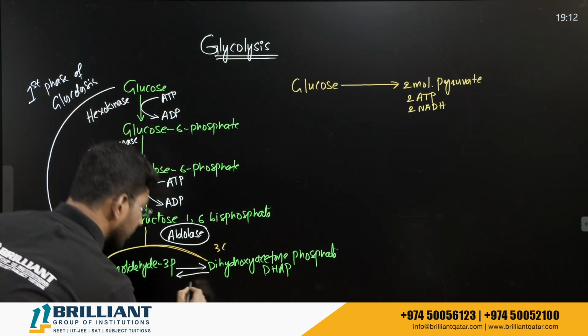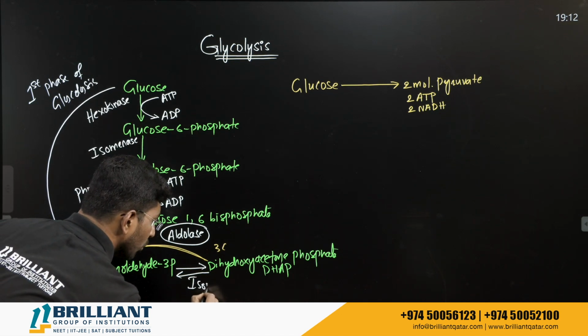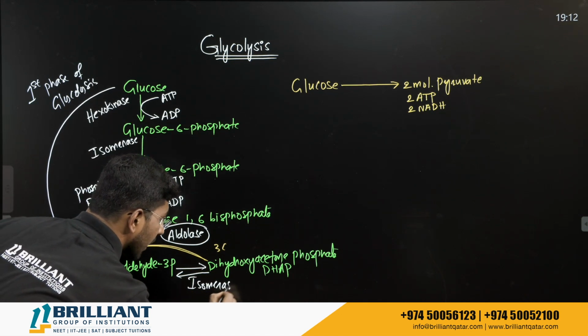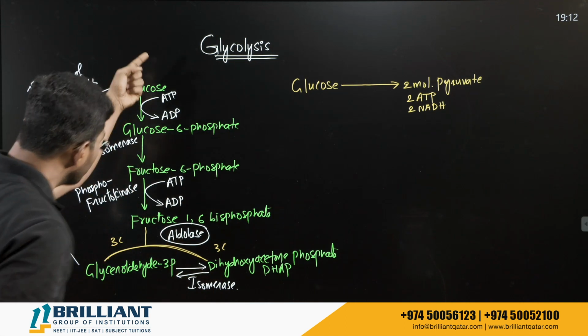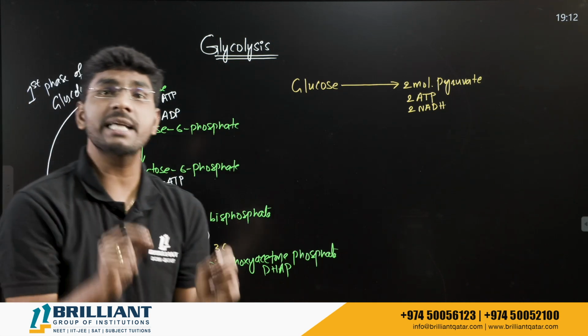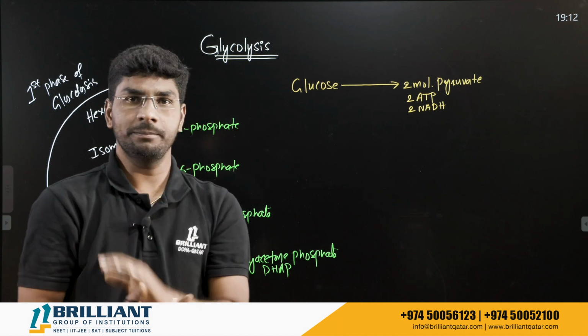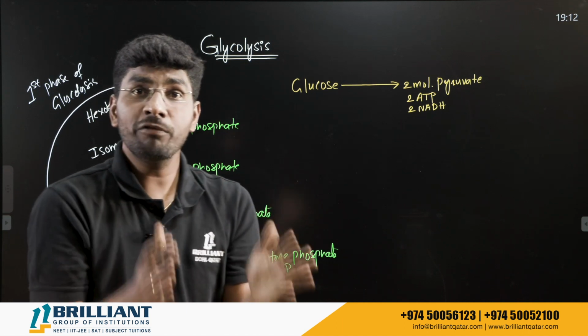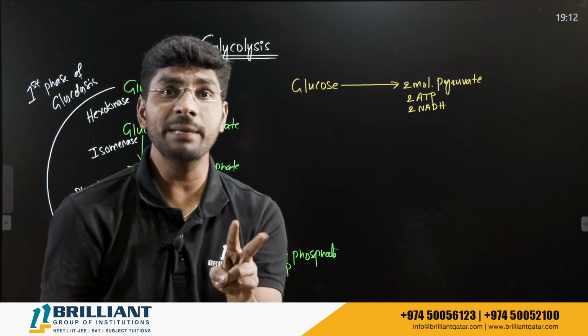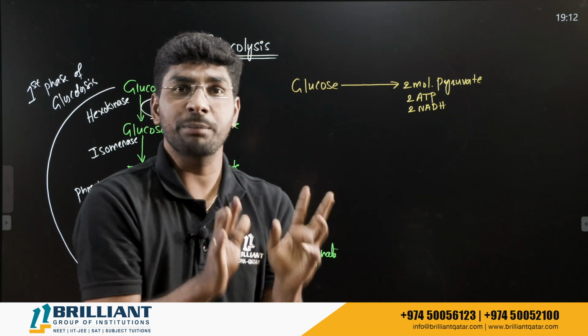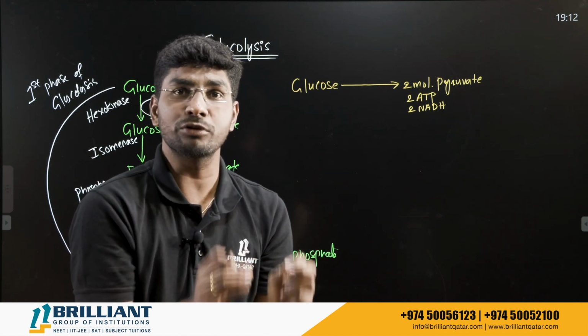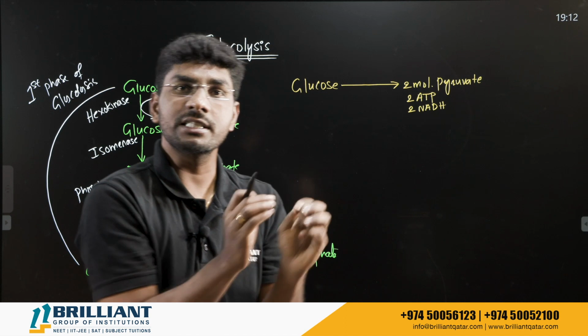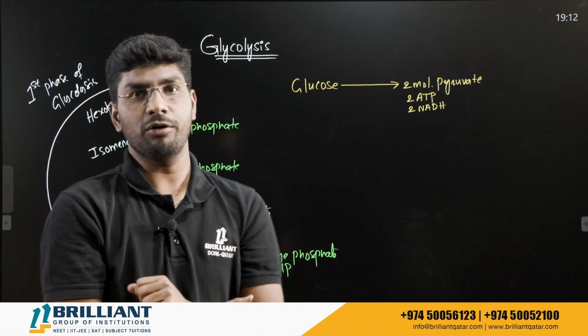Isomerase enzyme. Till here everything clear, right? This is phase 1. In phase 1 of glycolysis, 2 ATPs have so far been invested.